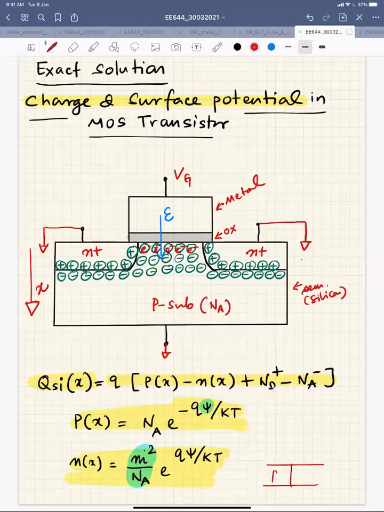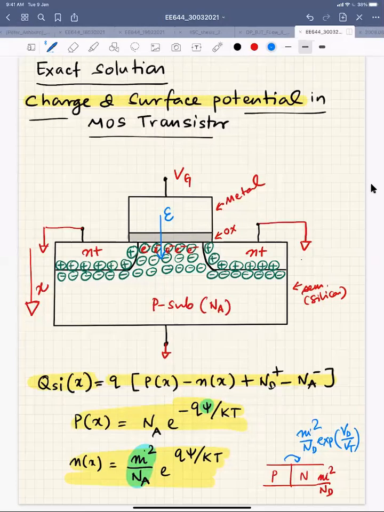If I have a PN junction with Ni squared by Nd holes on the N side and I forward bias it, the number of holes injected from P to N is Ni squared by Nd times the exponential of the voltage across the junction divided by the thermal voltage. So here we are doing the same thing.